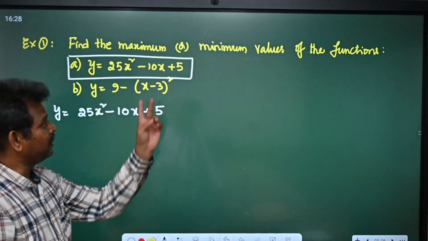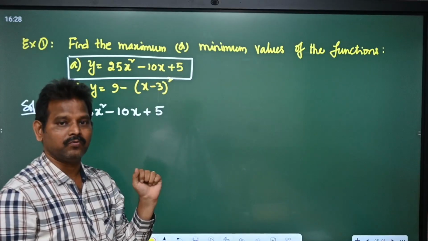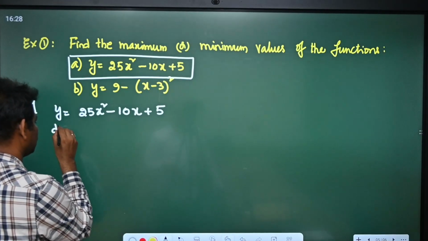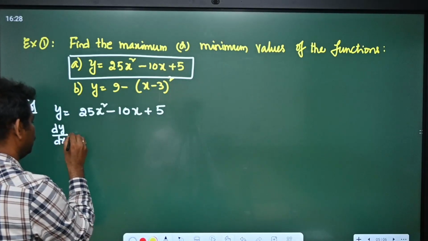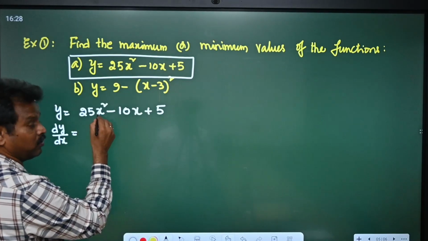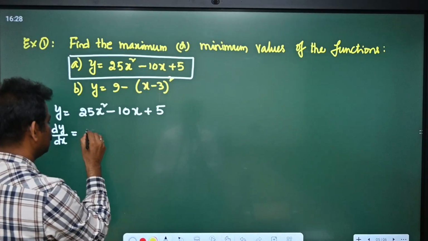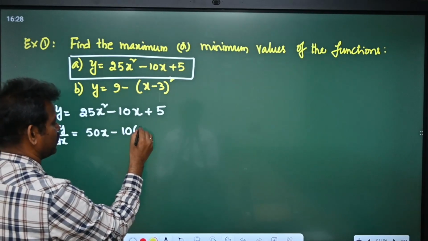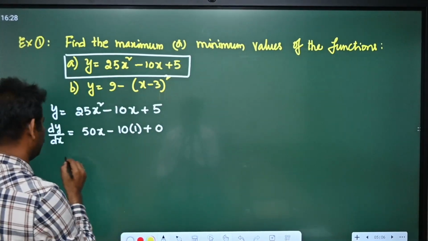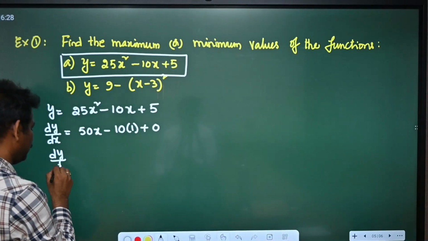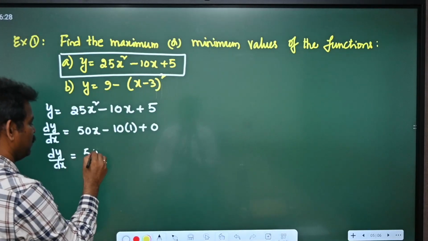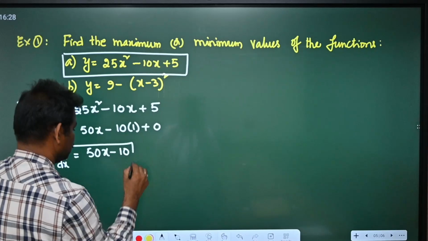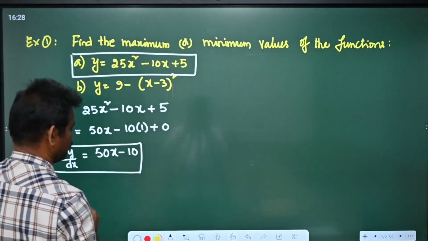To find out maxima or minima, first of all we need to find out change of y with respect to x, that is dy by dx. dy by dx is 25, x square derivative is 2x, so this is 50x minus 10 into 1, and derivative of 5 is 0. So students, dy by dx will become 50x minus 10.